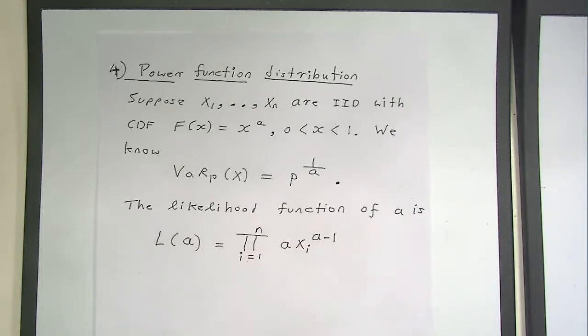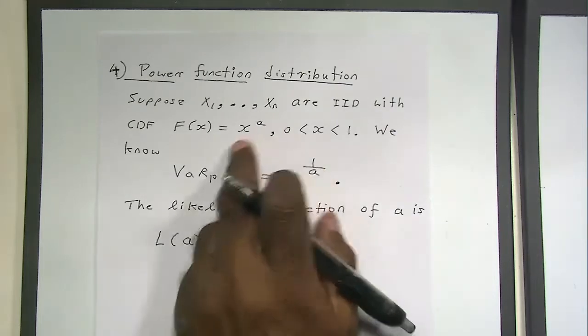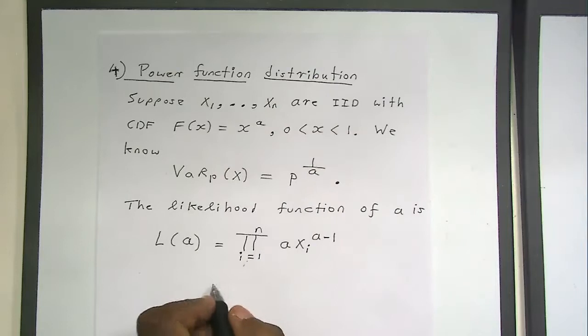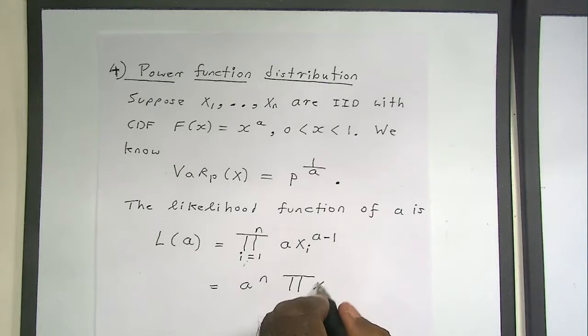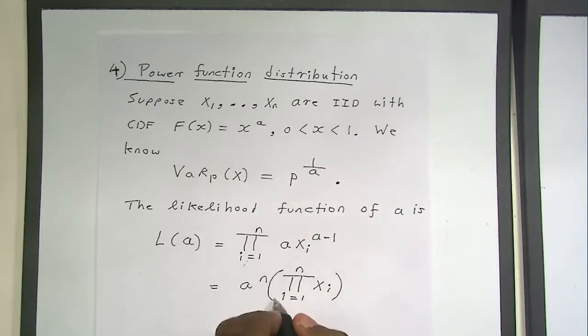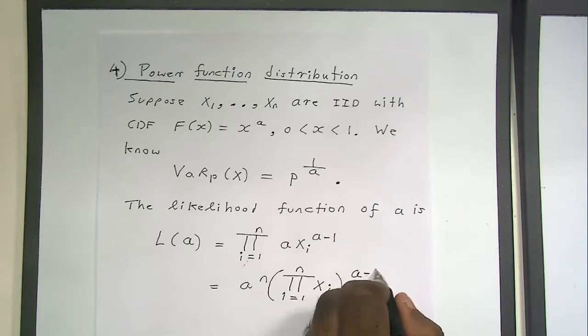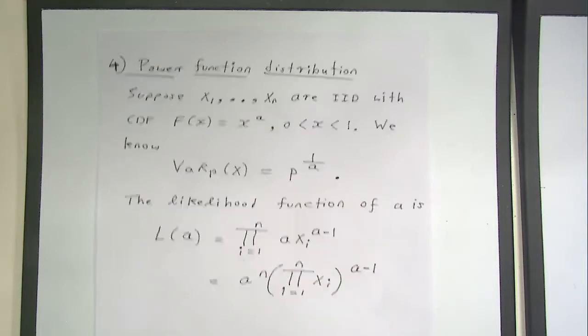Remember, the likelihood function is always the product of the density function. This is the density function, which is the derivative of this. Now you can simplify this to this, and then you take the log likelihood.